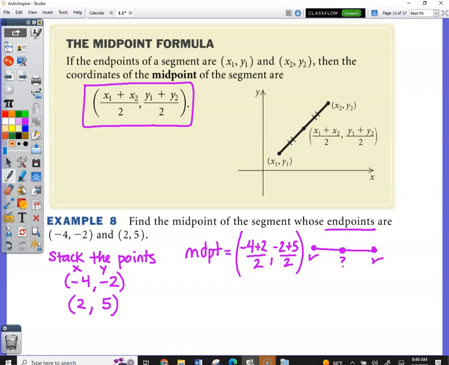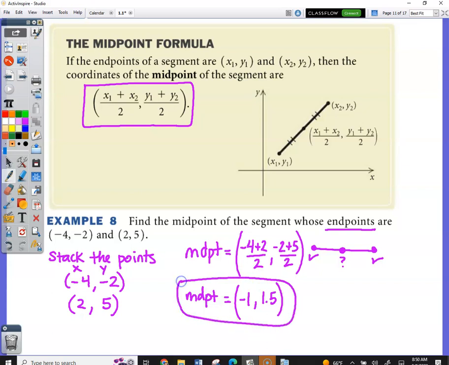In MyMathLab, the one that I had, both of them were fractions. So this is -2 over 2, right? And this is 3 over 2, so that is the midpoint right here.